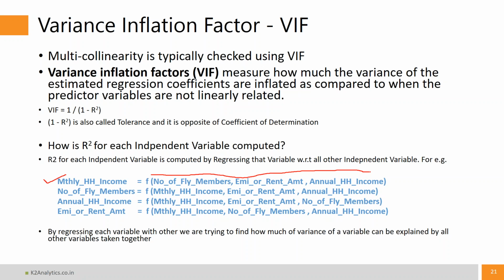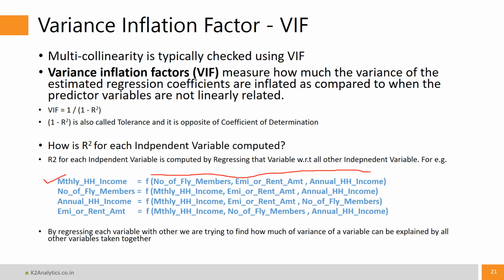There are 4 X's. I'll take X1 and say this is Y, and I want to estimate X1 as a function of X2, X3, X4. Can I build a model? I can build a model. How good the estimate of X1 will be with respect to X2, X3, X4 is a question. It may be good, it may not be good. Agreed?